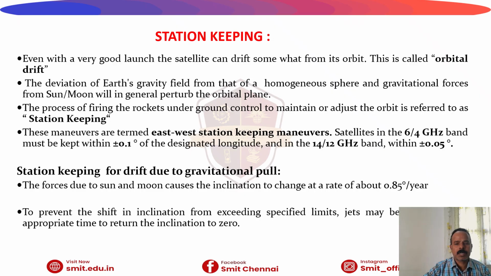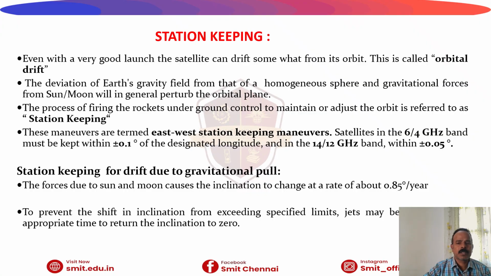We have to address all the ill effects of the moon's gravity, sun's gravity, and earth's gravity. Despite this, we have to maintain the satellite orbit intact without any deviation. So we have to compensate for all the deviations. This is what station keeping does.